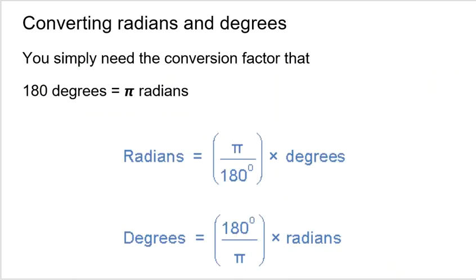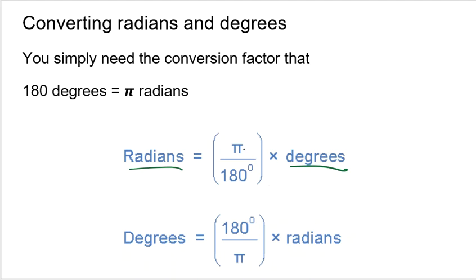So now using this conversion factor, I can actually convert radians into degrees. I could take something measured in radians and convert it to degrees, or vice versa. If you are measured in degrees and you want to get radians, all you've got to do is multiply by pi over 180. Again, that's the conversion factor, right? Pi radians equals 180 degrees.